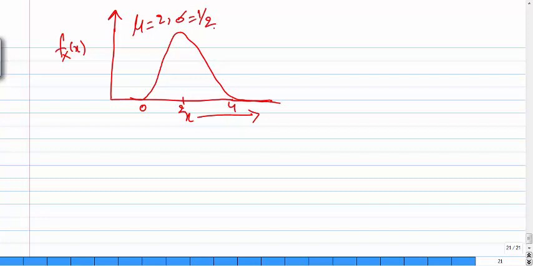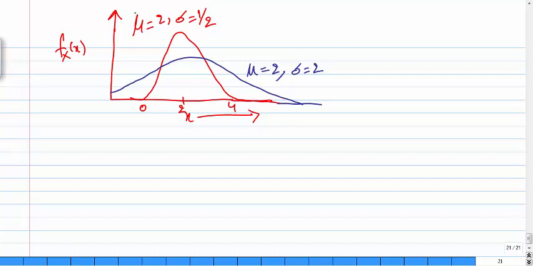Now if I make another curve, it is also a bell shape. For this mu is again 2, but sigma is different, so the variance is changed here.